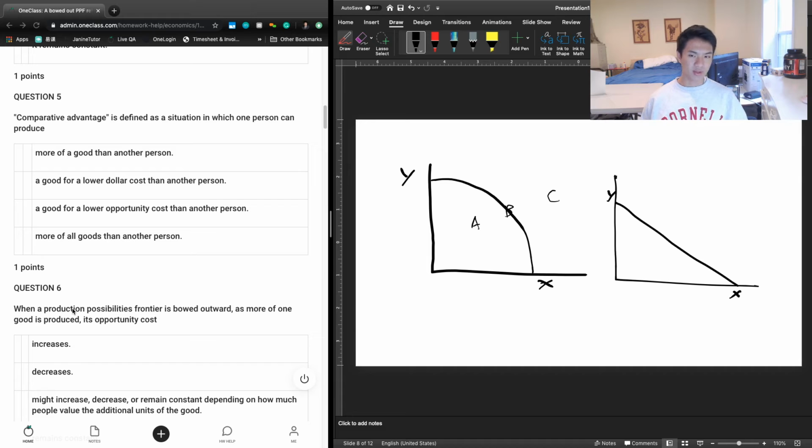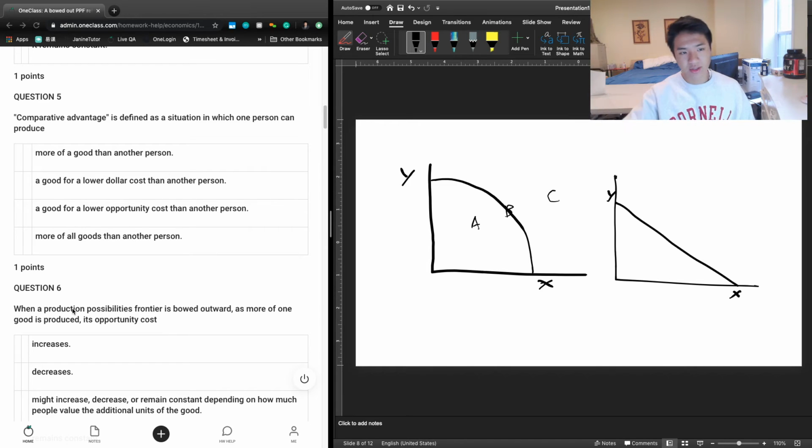Comparative advantage is the one that really matters, especially when we're talking about trade, because that decides what you specialize in. And it's saying, what good can I produce at a lower opportunity cost than you can? And that basically means that I have to give up less of another good in order to produce this good. And so that's going to be the definition of producing a good at a lower opportunity cost than someone else.